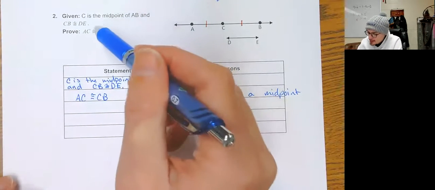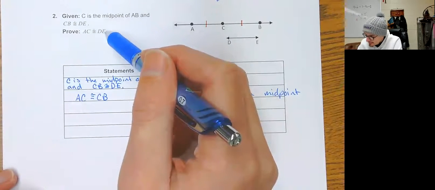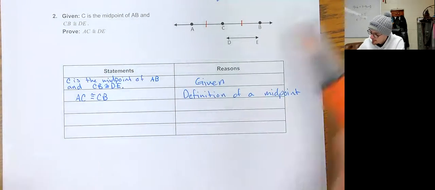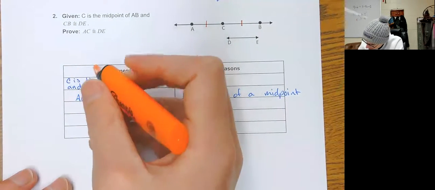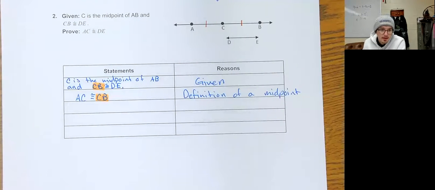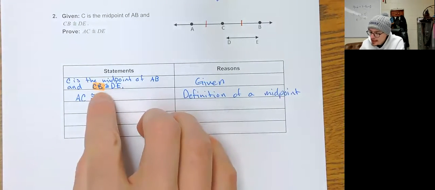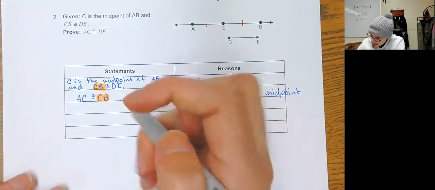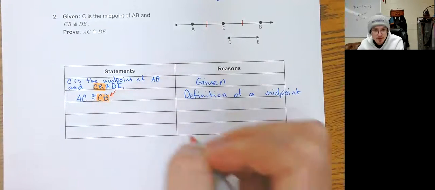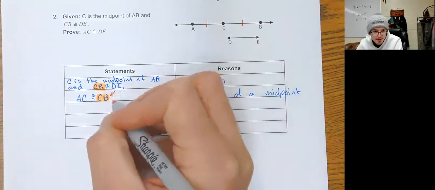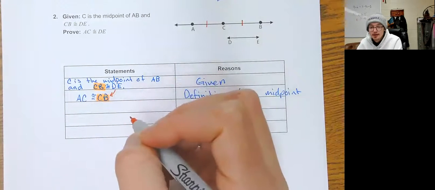Okay, well, I want to prove that AC is congruent to DE. And I know right now that CB is congruent to DE. So could I substitute DE in for CB? If CB is congruent to DE, can I substitute in DE right there? Yes, I can.